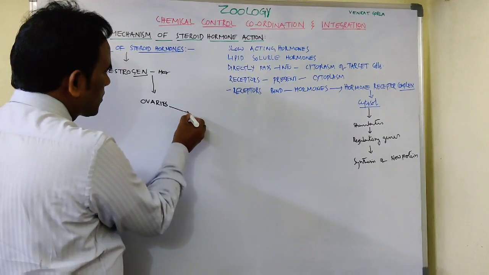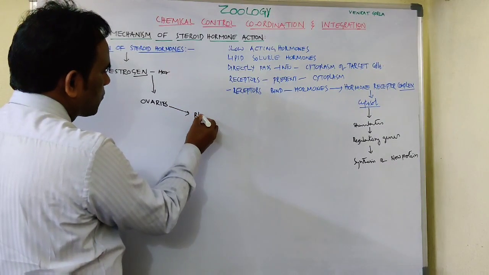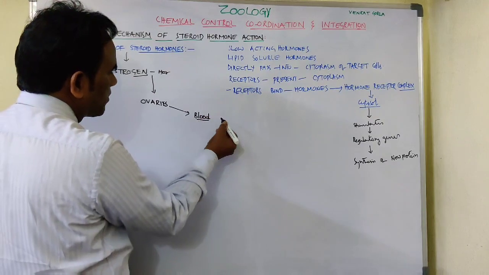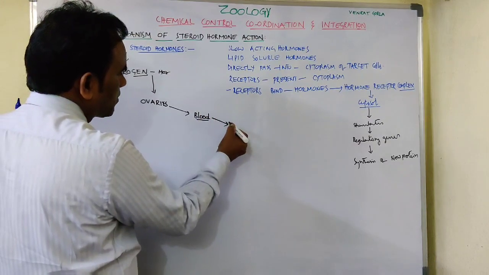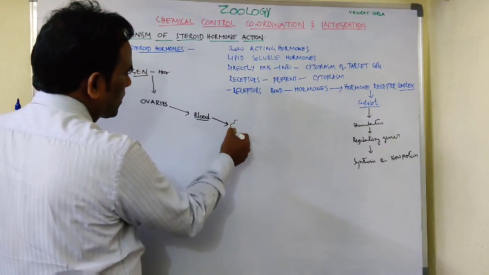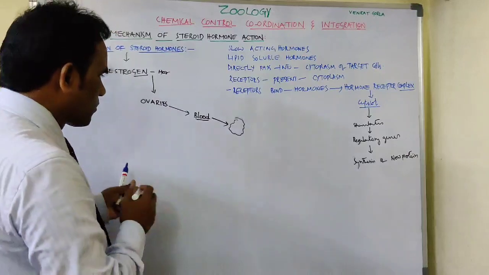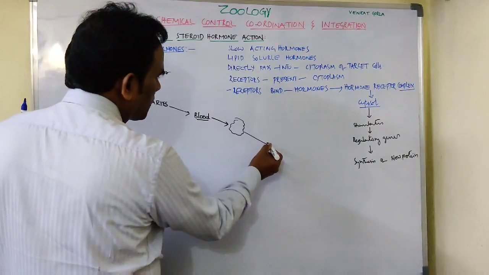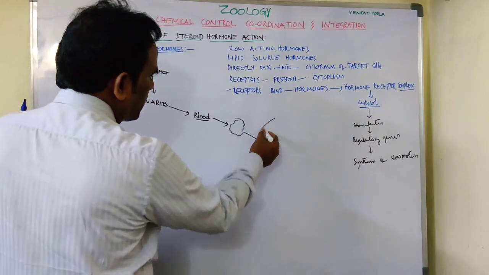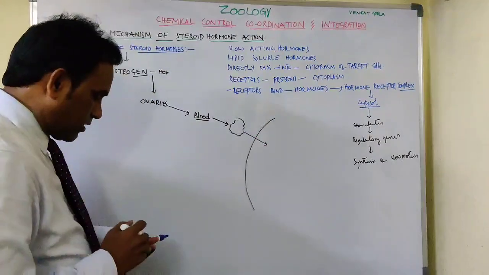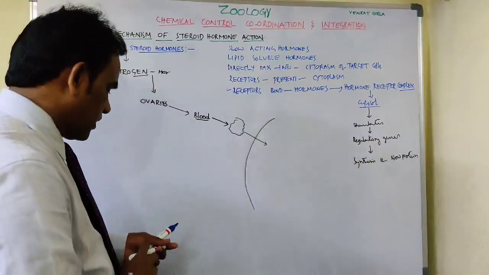From these ovaries it is released directly into the blood. From the blood, this hormone enters the cell directly through the cytoplasm of the cell.